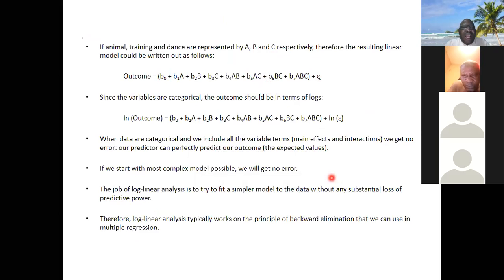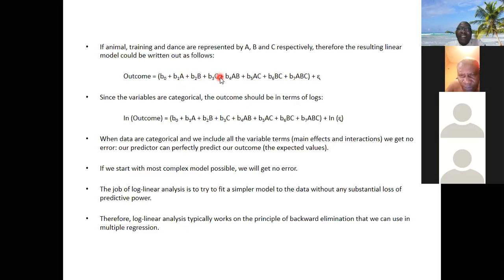You know that in linear regression, we usually have the regression coefficient. Even though we will not calculate regression, we just try to give a mental picture of how it will be. B0 is usually the intercept. So you're going to have B1A, B2B, B3C.